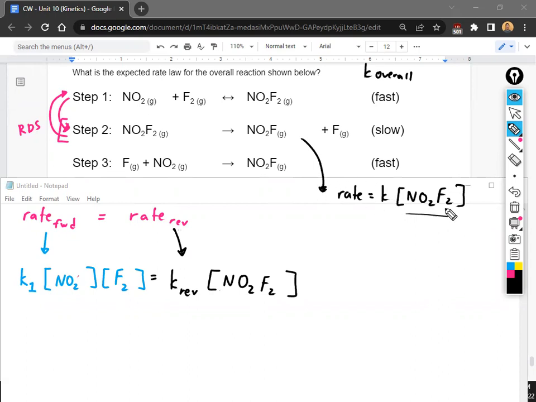And if we can figure this out, then we can figure out what the overall rate is. Make sense? Okay, so we're going to solve for this variable right here. Just simple math, we can just divide by K reverse, and that's going to give us the concentration of our intermediate.